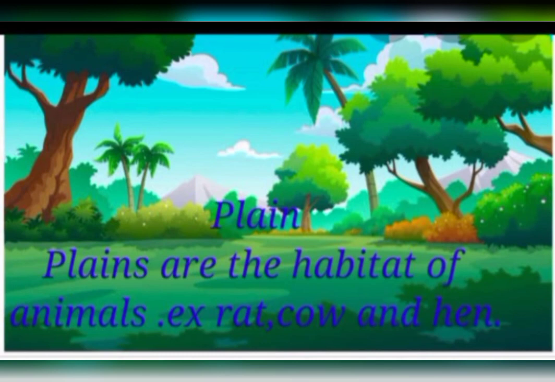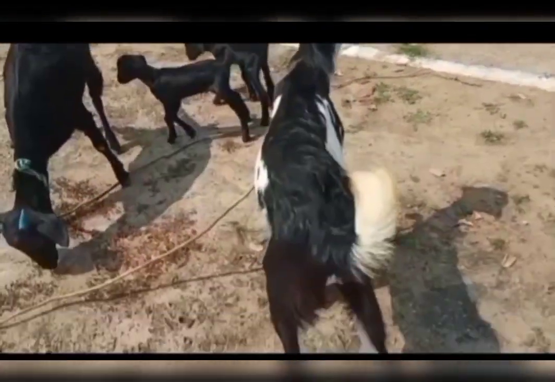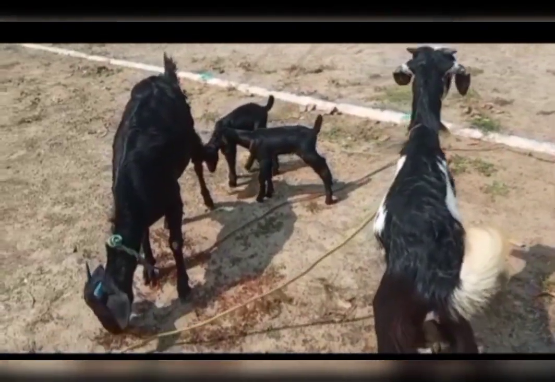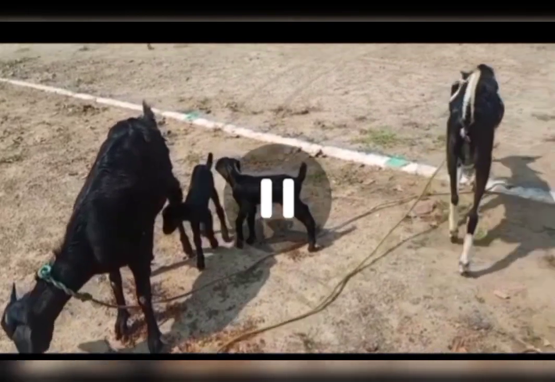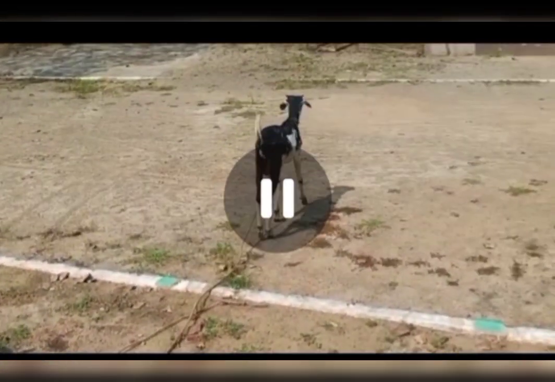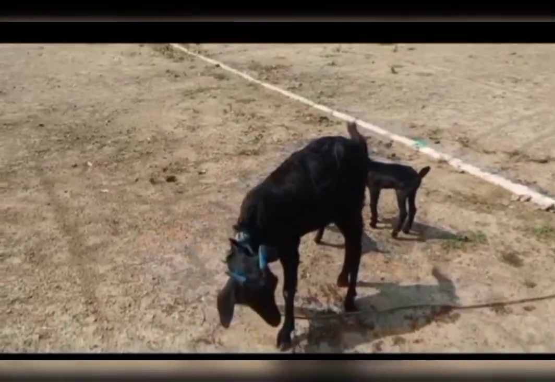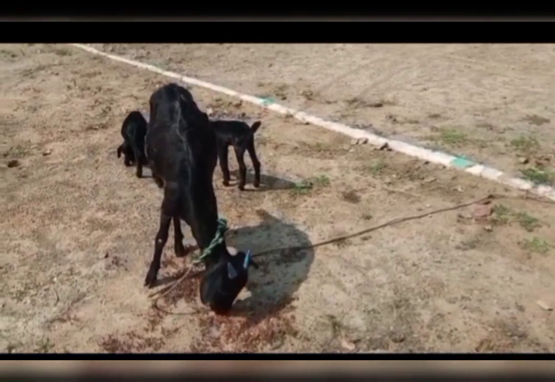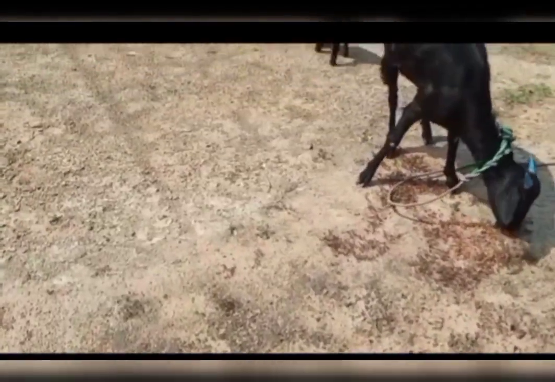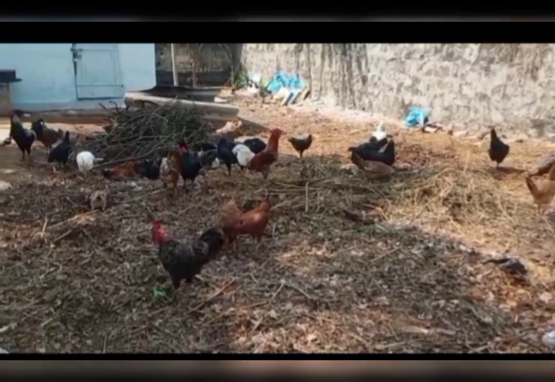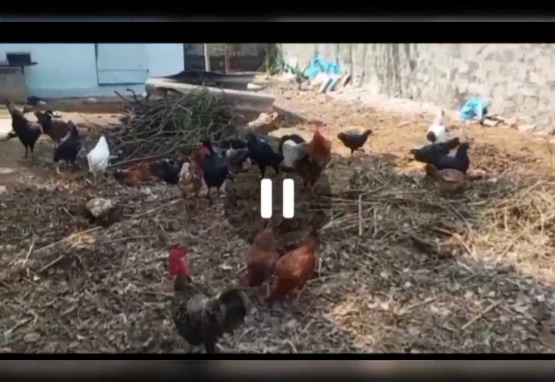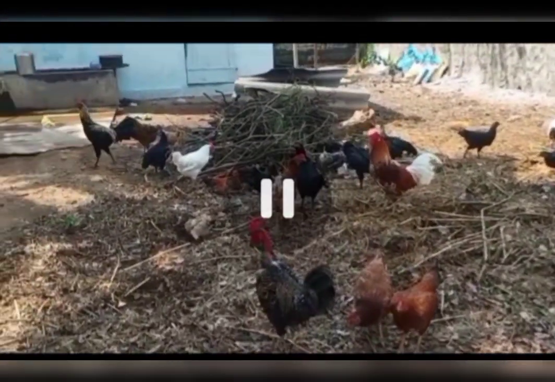Plains are the habitat of animals such as rat, cow, hen and camel. Goat, cow and hen are animals that live on the land and take their food from nature. These are examples of plains.